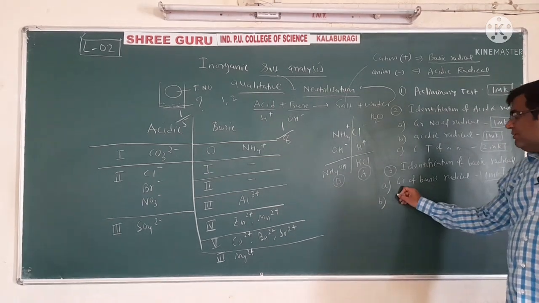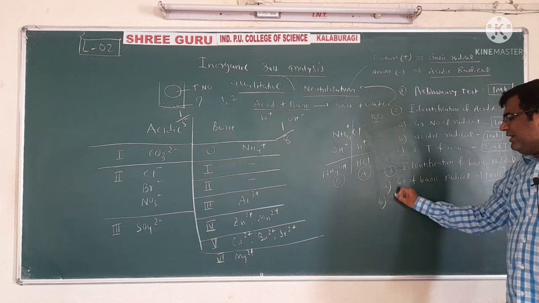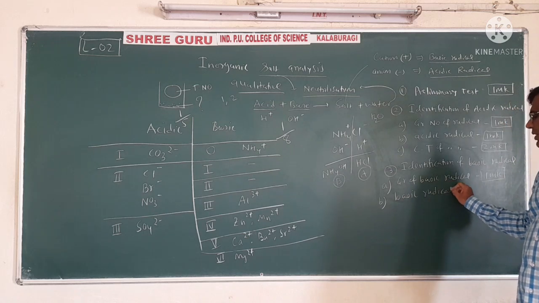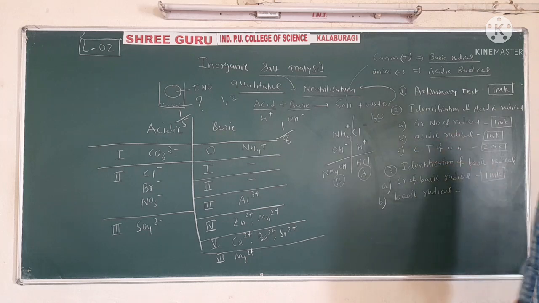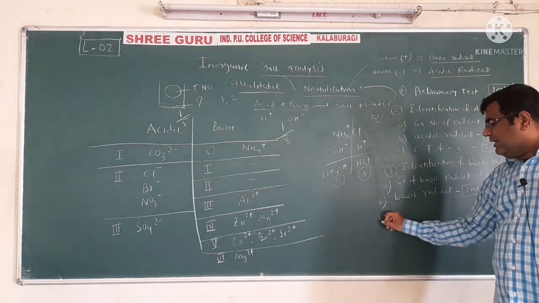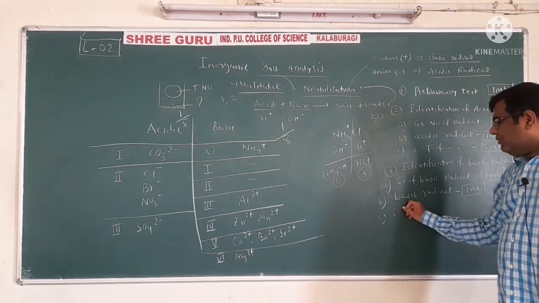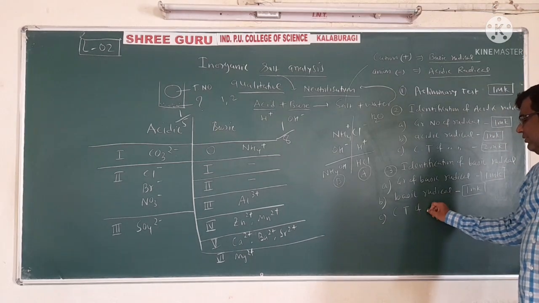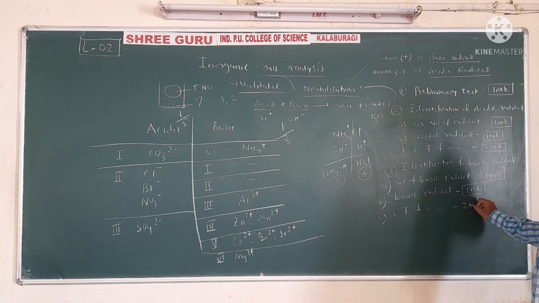Next is which basic radical is actually present. The name of that basic radical you have to identify, out of these 8, which one is present. That carries 1 mark. And last, we have to take the confirmatory test, we call it CT, of this basic radical. It carries 2 marks.